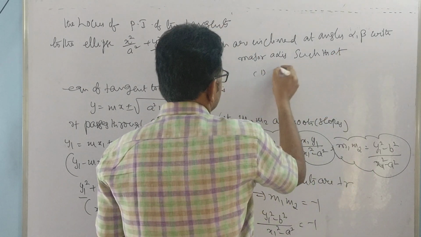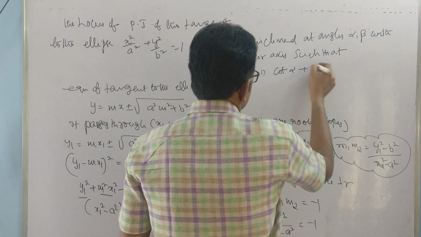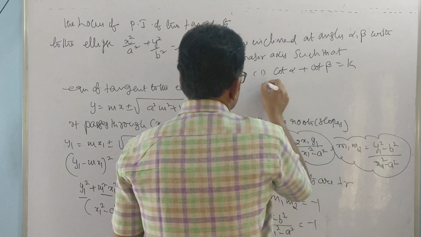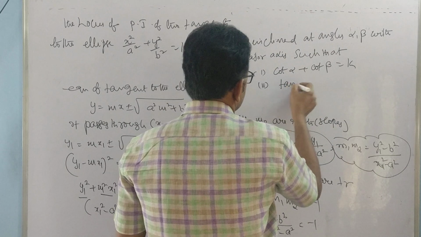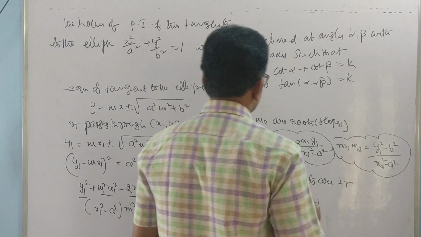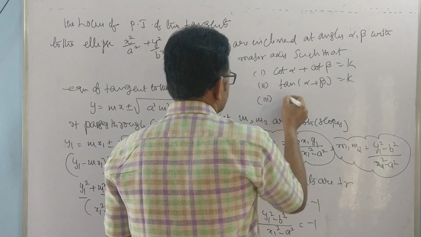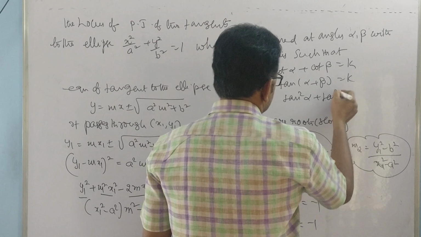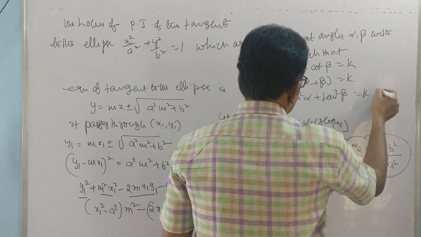First question, cot alpha plus cot beta equal to k. Second question, tan of alpha plus beta equal to k. Third question, tan square alpha plus tan square beta equal to k.